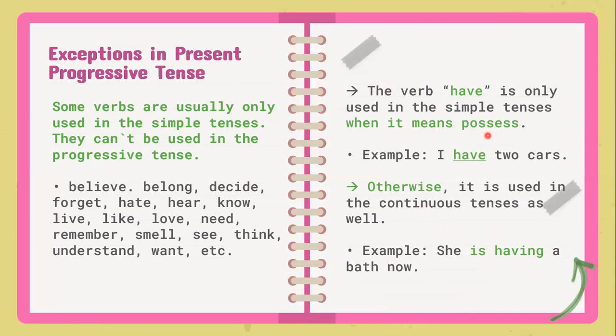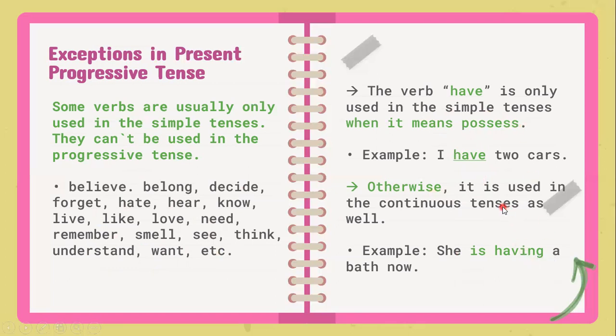So when the verb have is used in a sentence in which it implies possession, something that belongs to me, it should be written in the present simple, similar to those verbs. Unless I mean something else other than possession, then yes, I could add ing.